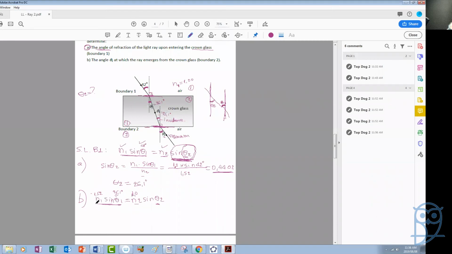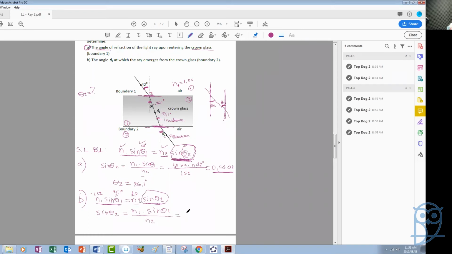Okay. So we know 3 out of the 4 parameters here. We can calculate the unknown angle theta 2. But first, let's solve for sine theta 2 again. So sine of the angle theta 2 is equal to n1 times sine of the angle theta 1, referring to the second boundary, divided by n2.